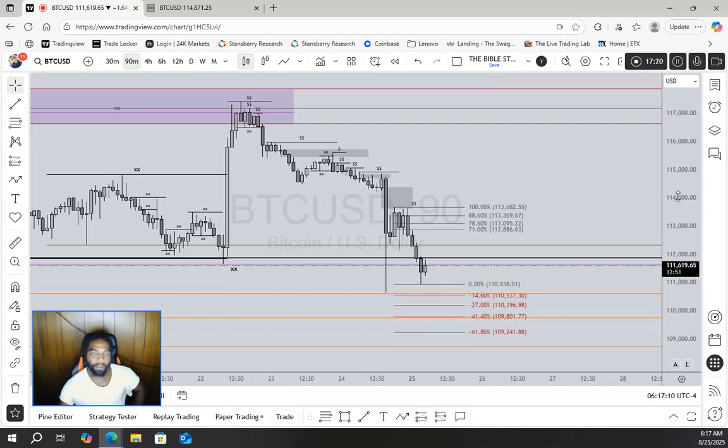Reading the candles, following the money, following liquidity. So this is what price is doing currently. We see patience. It's all about understanding what price is doing, what price has to do for the market to move. Price has to produce these liquidity levels to make price go in a certain direction.